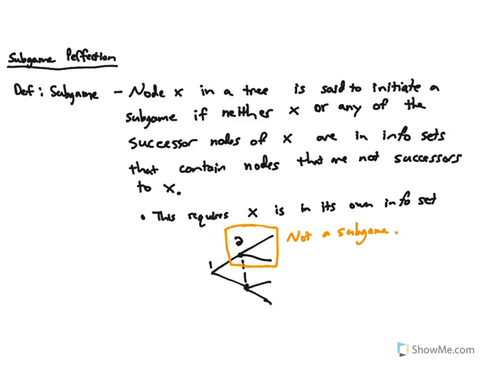Okay, and the other requirement is another implication of that definition. The subgame can't split info sets. So I'll draw that one over here.